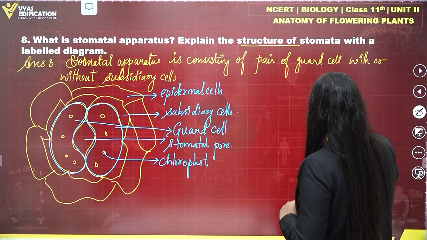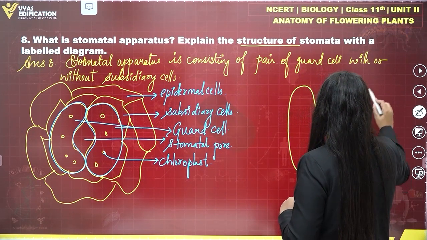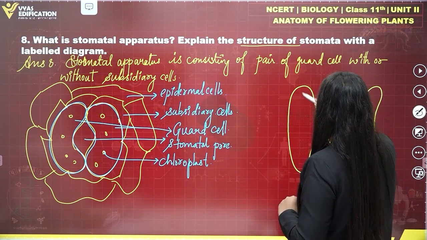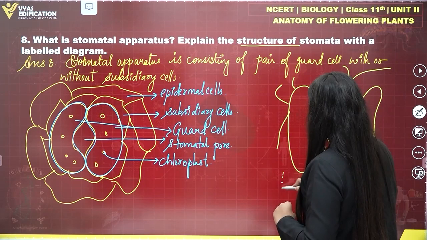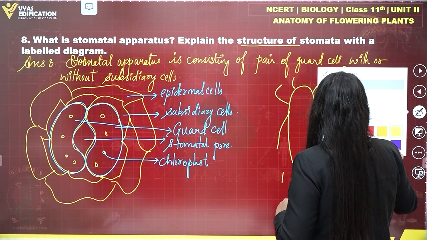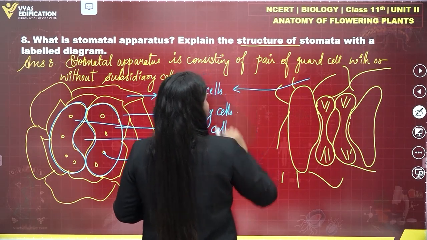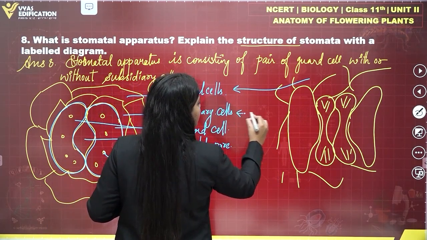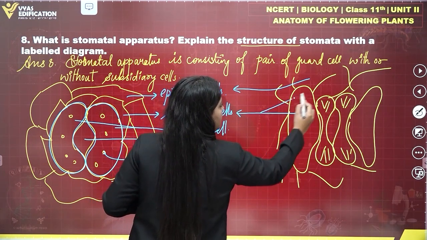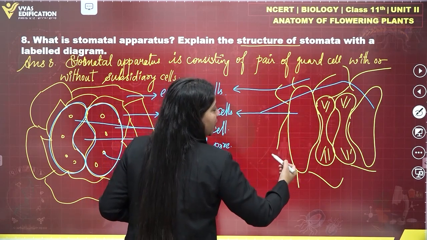Right. Then here also they have subsidiary cells, and these are epidermal cells. So let's write it. These are epidermal cells, right? Then these two are subsidiary cells. These two are dumbbell shaped, as you can see.